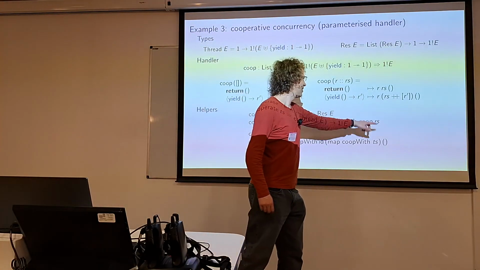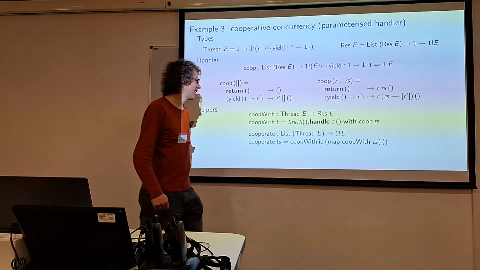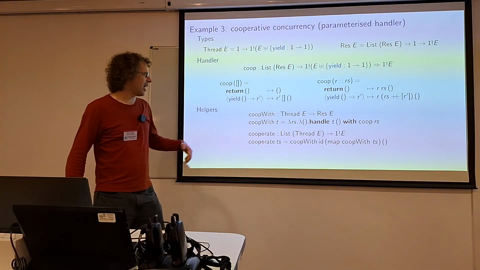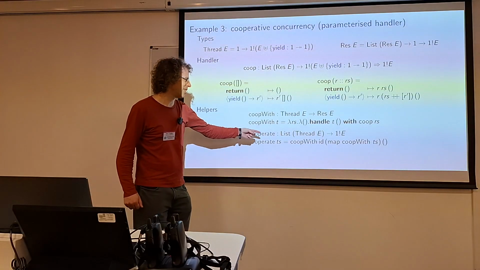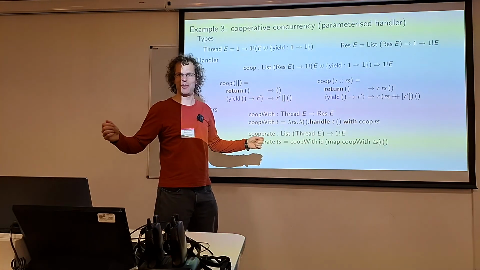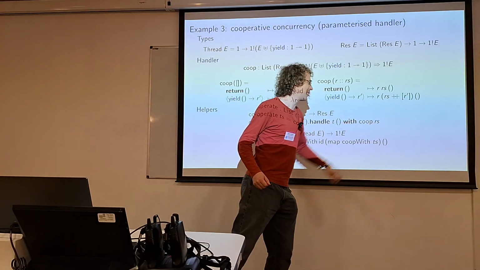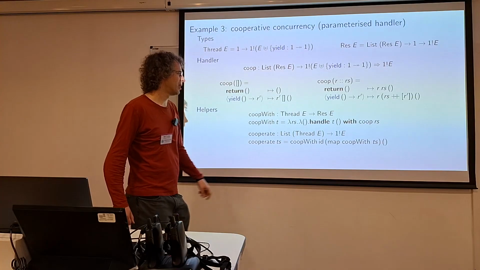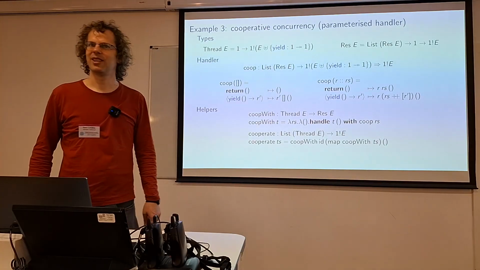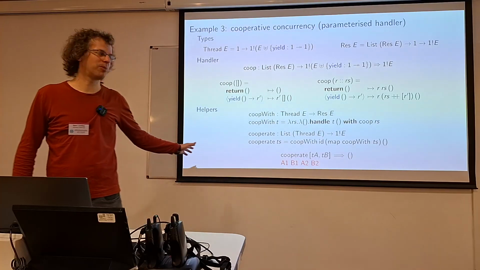We have co-op, which we pass in then the R's that we got there. And then having done that, if we get a list of threads, well, we can do co-op with on a thread that just immediately finishes, which will fire off this clause and then carry on with everything else. And we've mapped this coercion over all of those threads. And then, having done that, it nicely does what we expect.